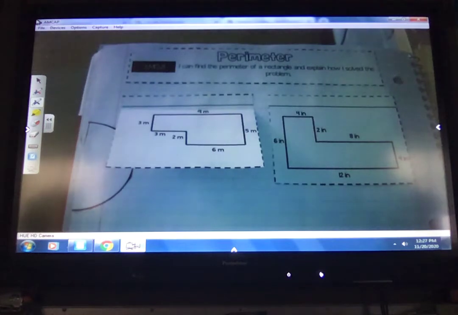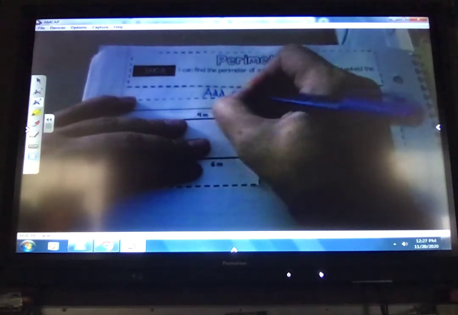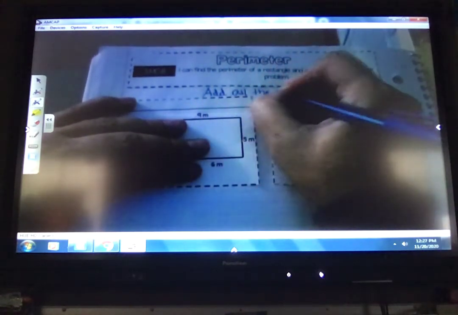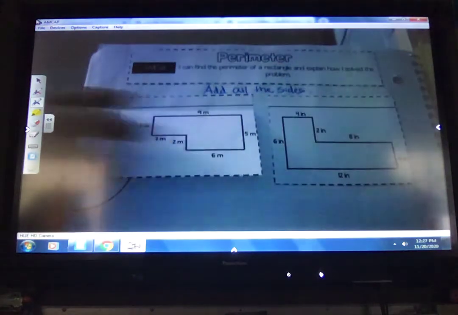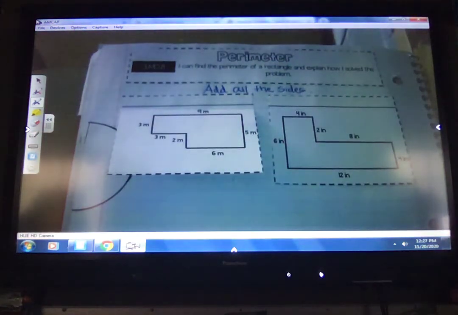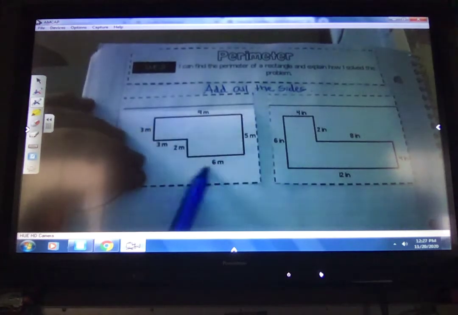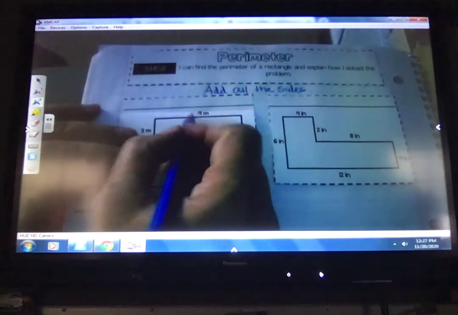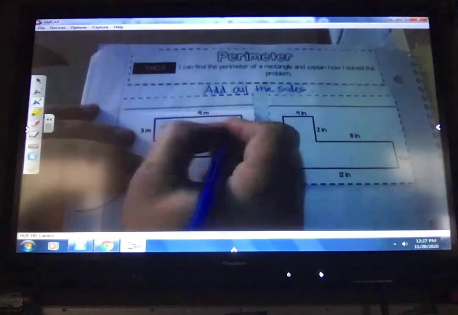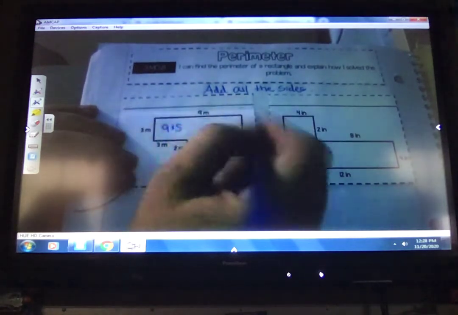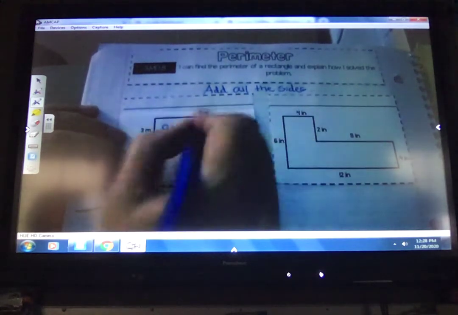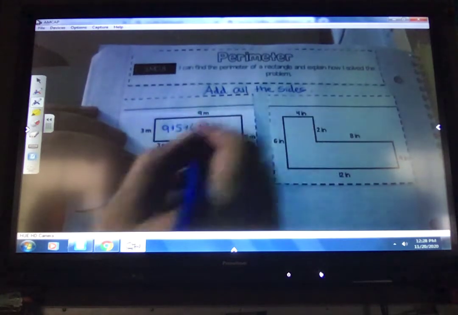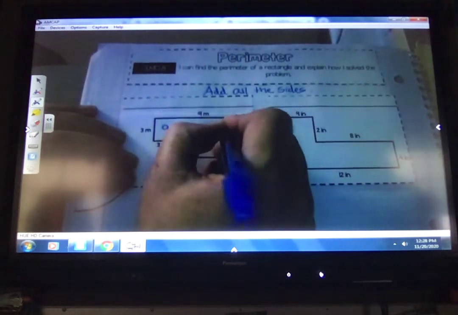Remember, perimeter is add all the sides. I'm going to write that up here. Add all the sides. In perimeter, we're walking around our shape. We're adding up every side that we see. So we're going to just walk around this shape and add our numbers. I see 9 plus 5 plus 6 plus 2 plus 3 plus 3.